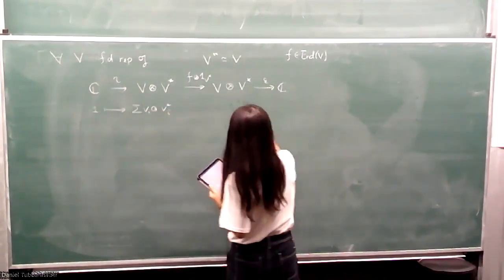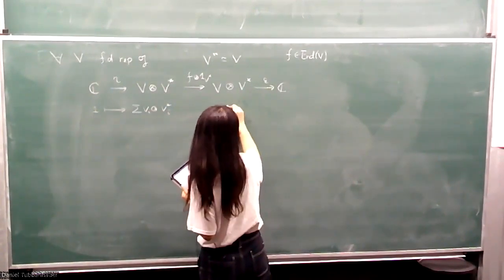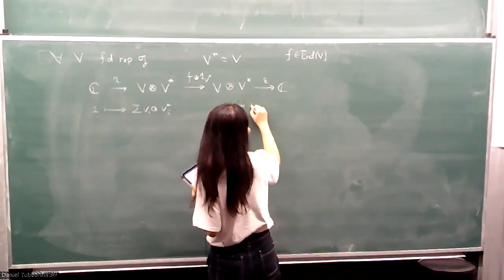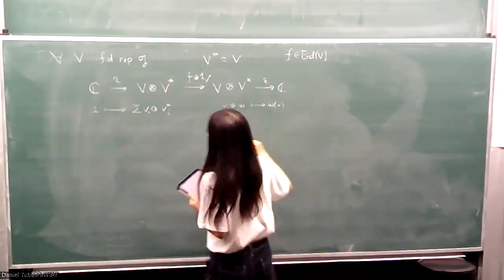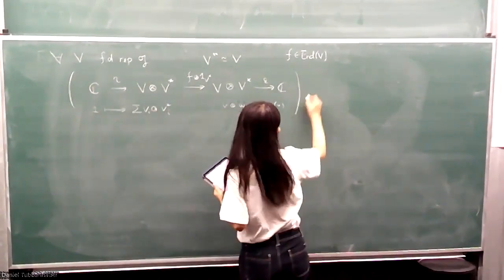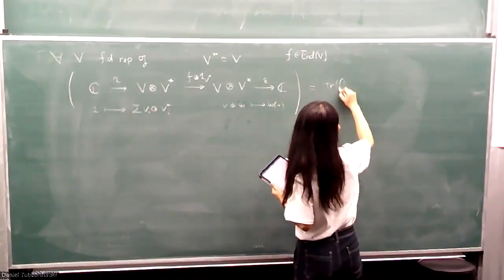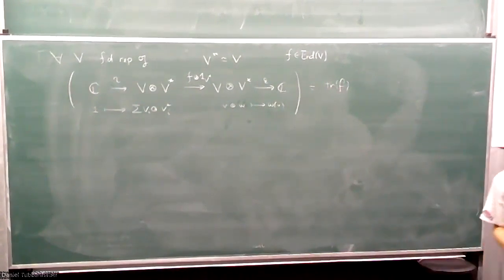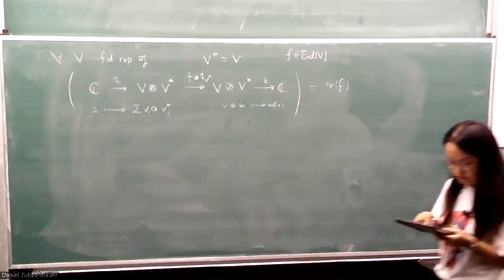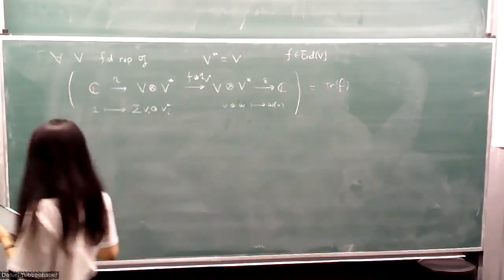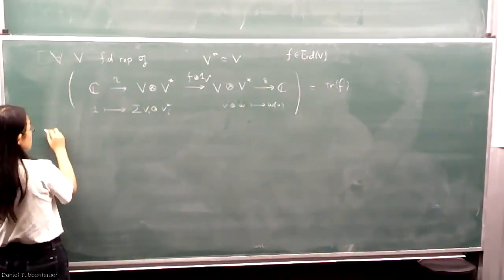This is just the calculation between these two. And we learned last lecture this is the same as the trace of N.